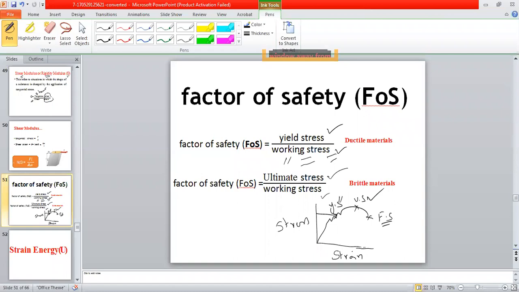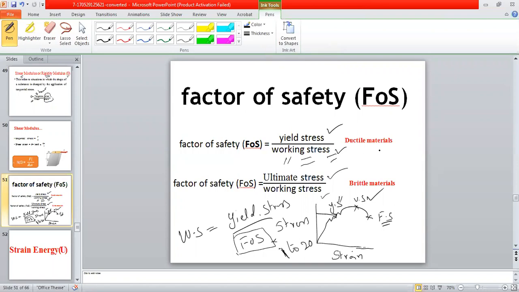So how to find this? We can use this formula: working stress is equal to yield stress by factor of safety. The factor of safety is a numerical value we can consider, from 1 to 20.